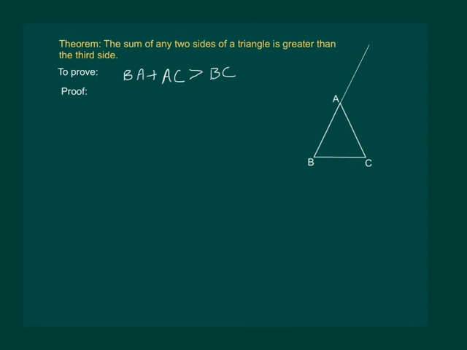For the proof, let us produce the line BA and mark a point D such that AD is equal to AC. So AD equals AC by construction.